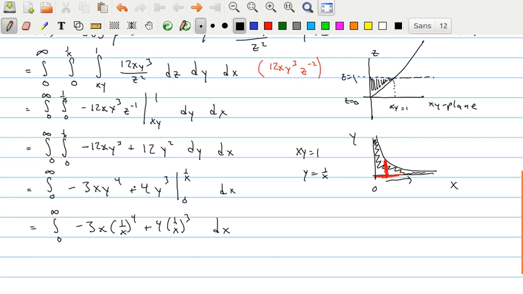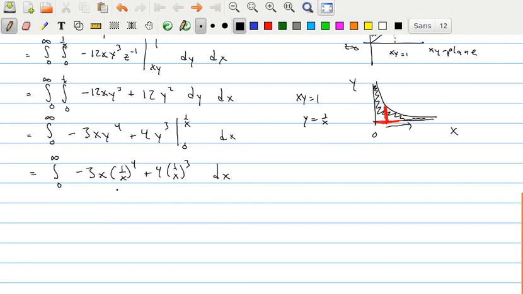We plug 0 in for the y's and everything zeroes out, so there's nothing to worry about there. And then this we can simplify. We can write this as the integral from 0 to infinity of negative 3 over x cubed, because those 4 x's canceled with the x here, and over on this side we've got 4 over x cubed dx.